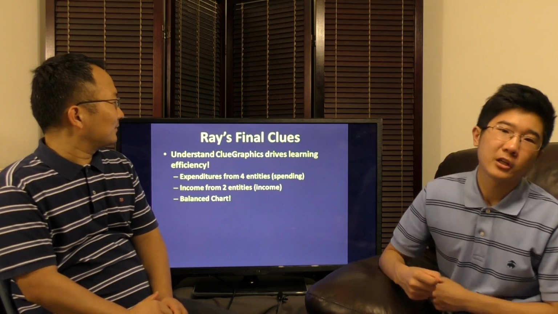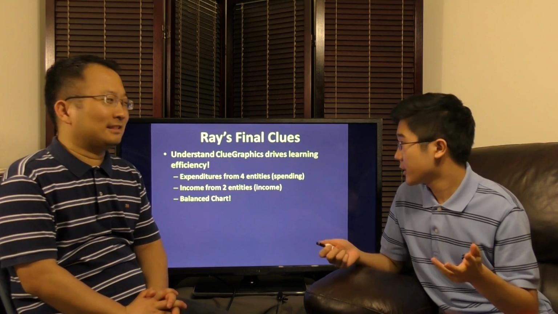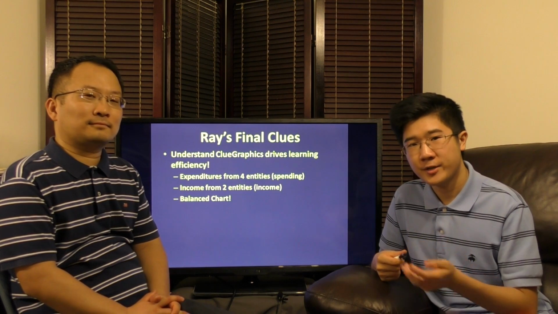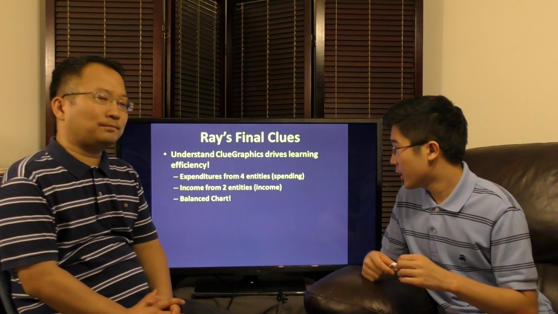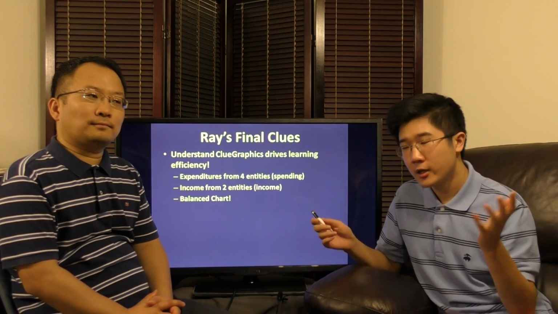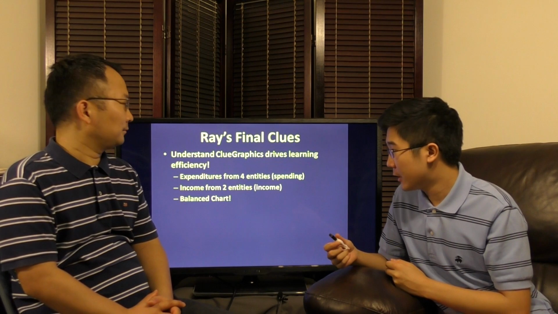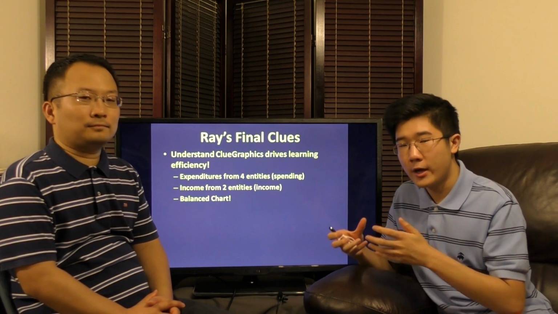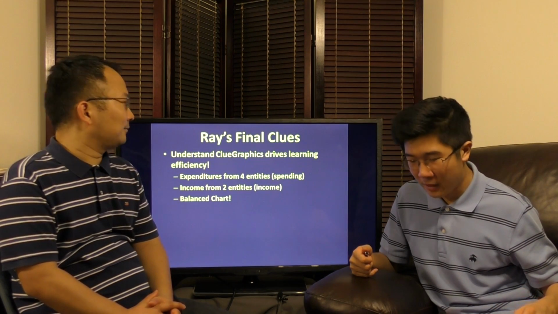At the end of the day, based off our clue graphics from our first two slides, we can see that it helped us learn more efficiently about GDP and its methods, and see how it all connects. We see how the expenditures from four entities, consumer spending, investment, government, and net exports, relate to our income, and how those two are equal, and we can calculate GDP using both methods through our balance chart.